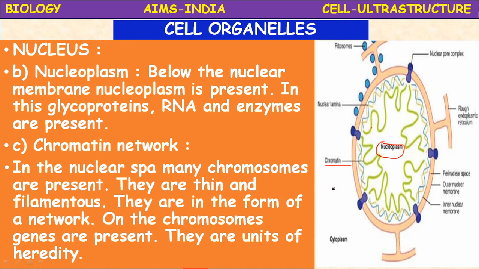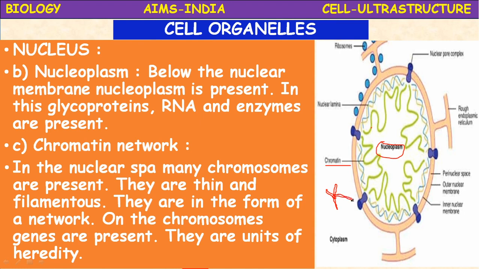For example, this is the chromatin network, with thread-like structures. During cell division, this chromatin network breaks into chromosomes. Let us assume this is a chromosome.